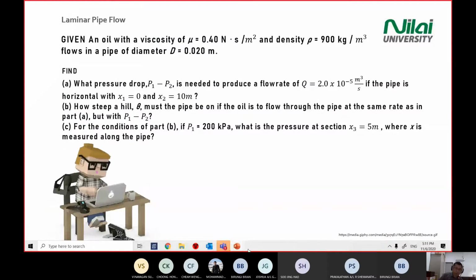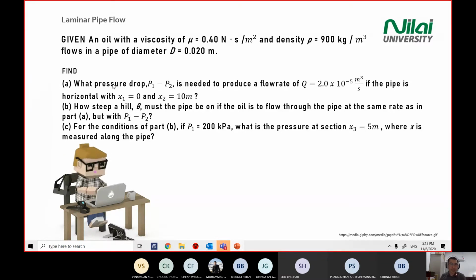Okay. Interesting part. We look at application of knowledge. Question 16. So you have an oil with viscosity mu 0.4 and density rho 900 in the pipe with the diameter given. We need to find a few things.